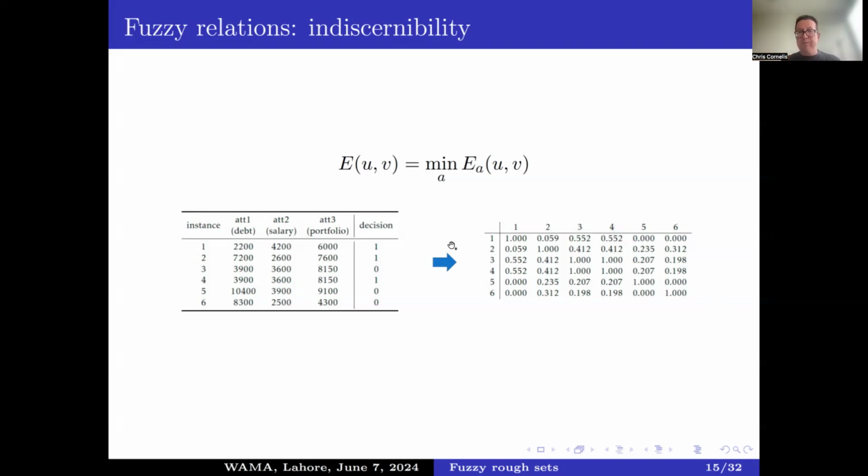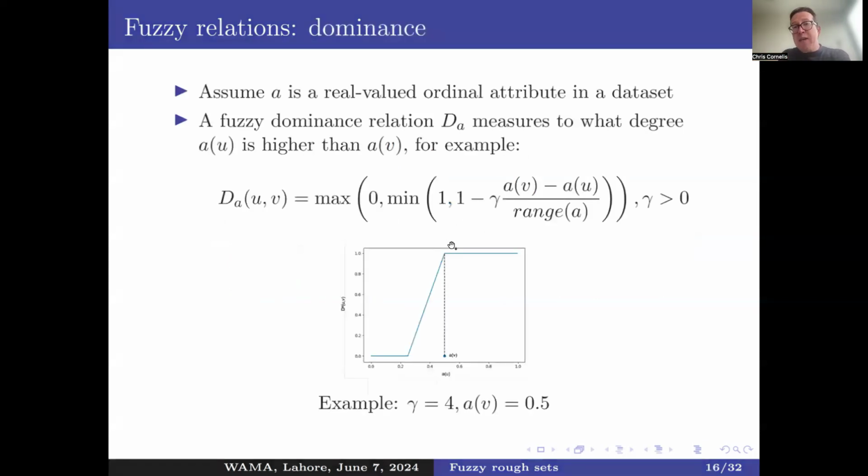We can basically do the same for dominance, where now we will evaluate the degree to which one value is higher than another value. And the formula which we can use for this looks very similar. It is a bit more complicated than the one for indiscernibility, but here in the figure down below, we can see clearly what happens.